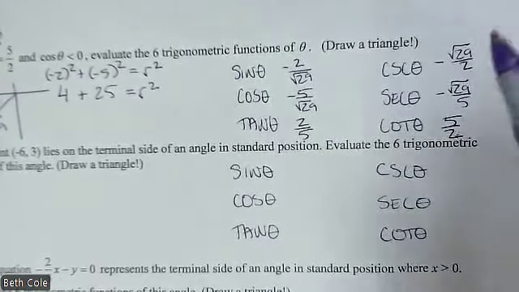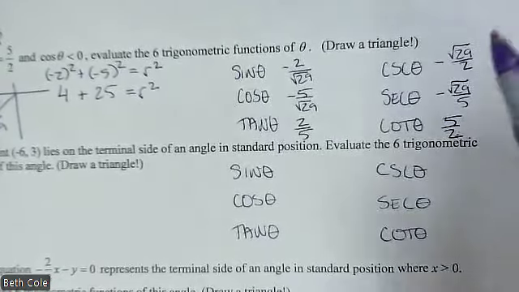So this one gives you a coordinate point. What quadrant is the coordinate in? Good, 2. So draw your triangle in quadrant 2. Your x is -6, your y is 3. And we are literally just going to do the same thing over again. So if you were like, hey, I didn't quite get it, we're just about to practice it again. So go ahead and do your Pythagorean theorem.